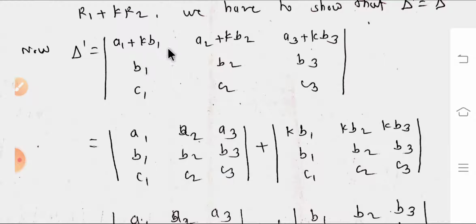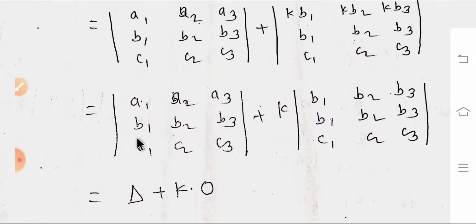So by property 5, if any row or column is a sum of two elements, then the determinant is the sum of determinants. We get two determinants: determinant of a1, a2, a3, b1, b2, b3, c1, c2, c3 plus determinant of kb1, kb2, kb3, b1, b2, b3, c1, c2, c3.